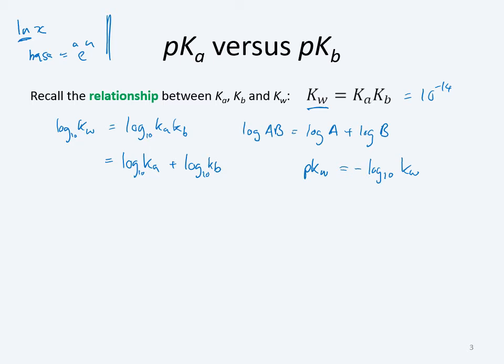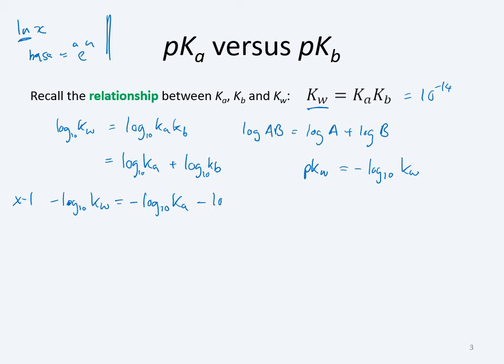Basically what we have to do is multiply both sides by minus 1. So, times by minus 1, and we get minus log to the base 10 of Kw is equal to minus log to the base 10 of Ka minus log to the base 10 of Kb, because a minus times a minus is a plus and a minus times a plus is a minus.